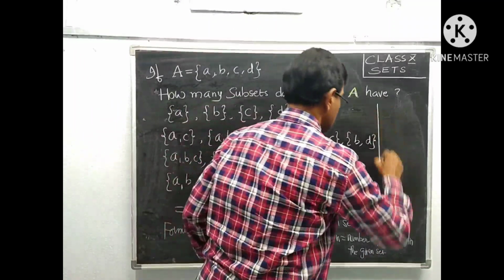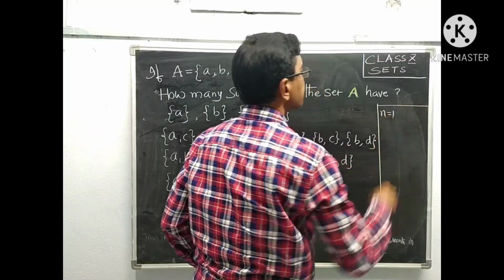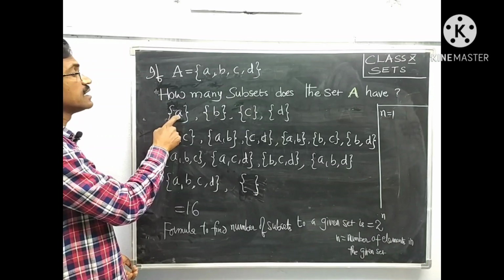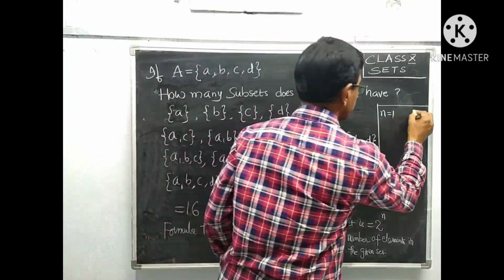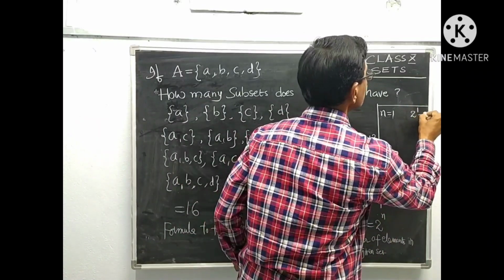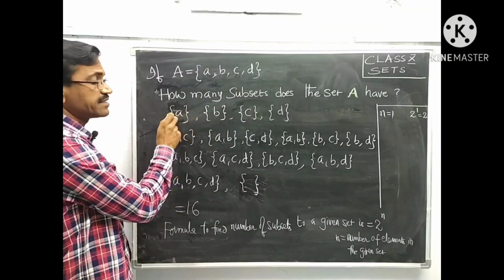Suppose n is equal to 1, one element is in a set. How many subsets can we write? 2 to the power of 1 means we can write 2 subsets. How? The first one is A and the second one is phi.